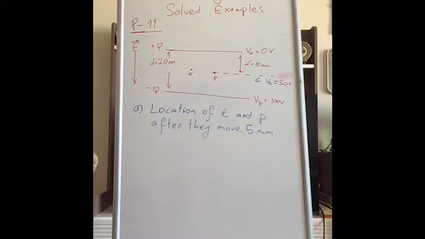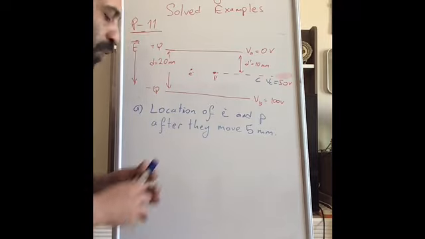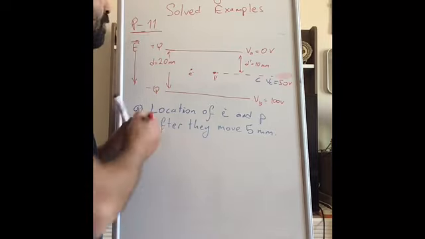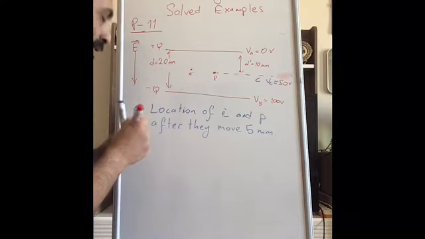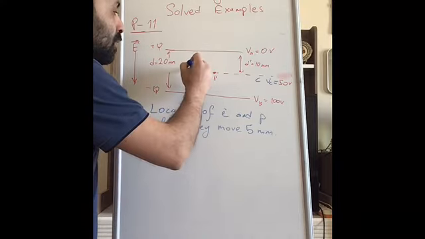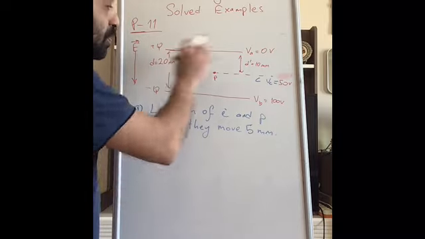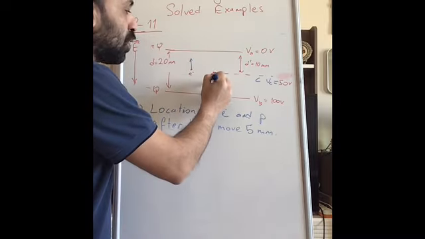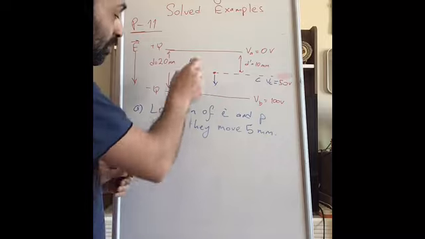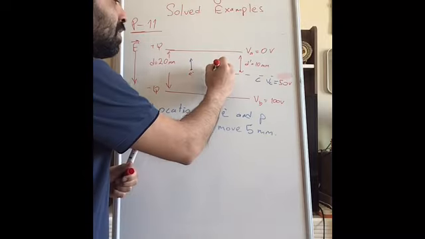So what happens if two objects are carrying opposite charge in the same electric field? Remember, negative charges are moving in the opposite direction of the electric field, while the positive charges are moving in the same direction of the electric field. So after they move 5 millimeter, the electron will move upward toward the positively charged plate, while the proton is moving downward toward the negatively charged plate.